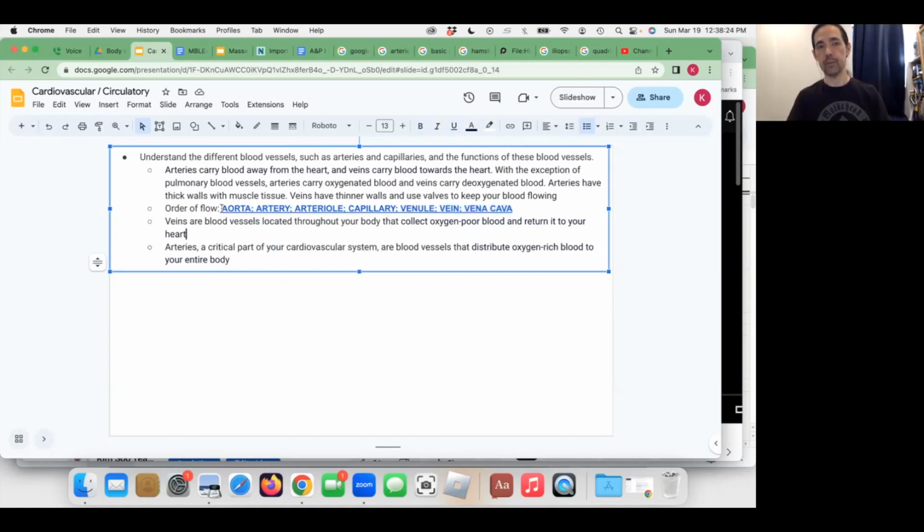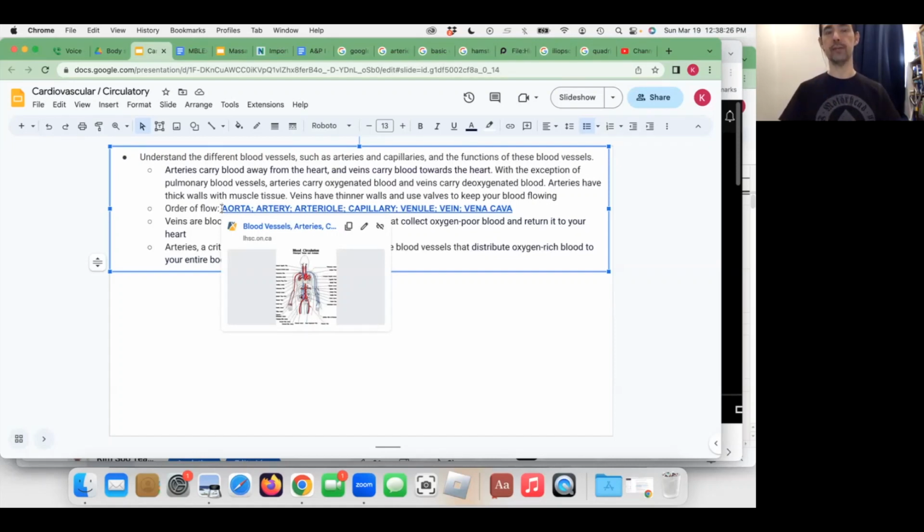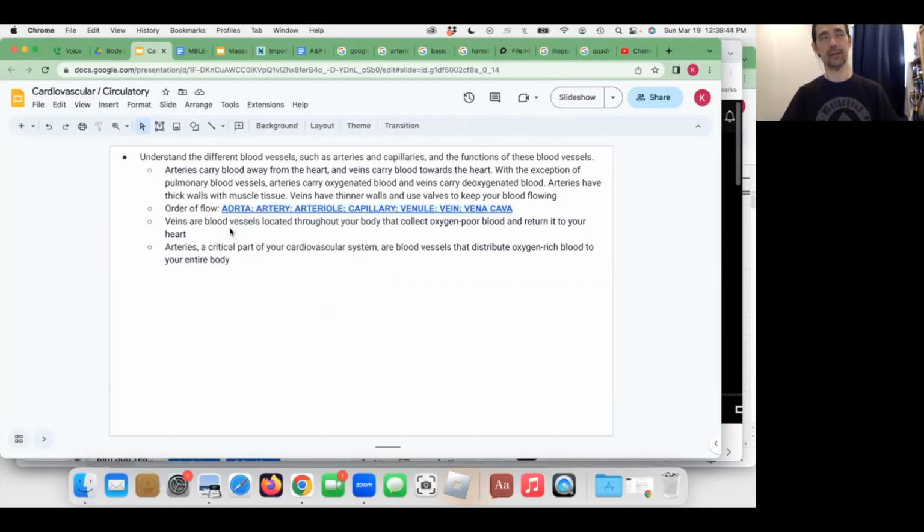Please mute yourselves and repeat after me. If you can remember and practice, aorta to artery, then the blood goes from the artery to the arteriole, and then into the capillary, the venule, then to the vein, then the vena cava. This is a great thing for you to memorize.